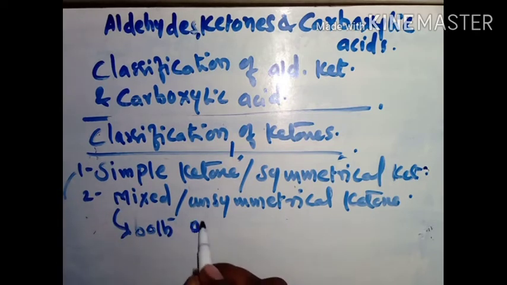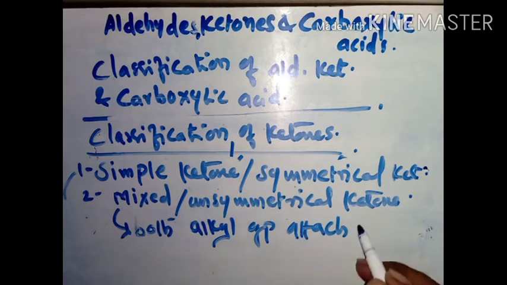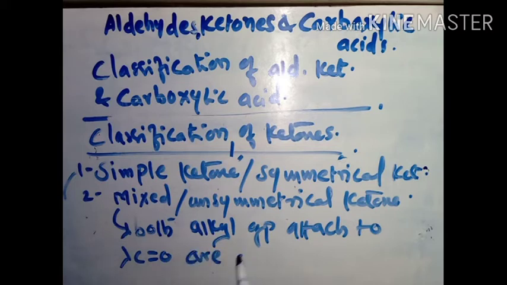Both alkyl groups attached to C double bond O, that is the carbonyl group, are different. Such ketones are called unsymmetrical or mixed ketones.